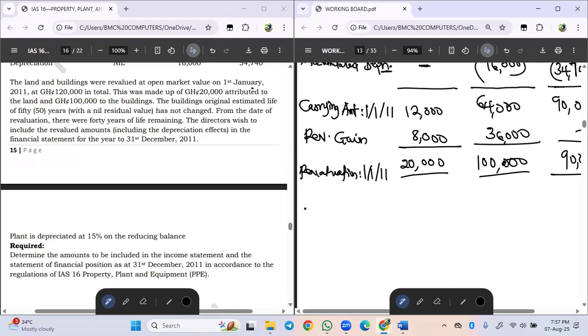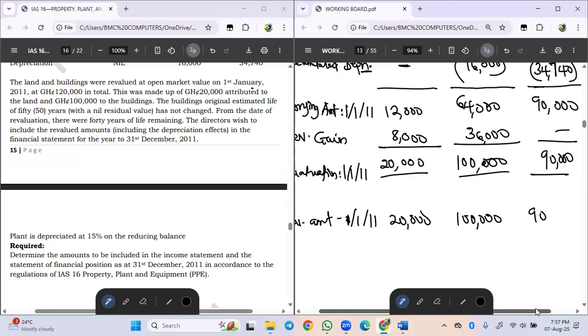So that one will be the carrying amount or the revalued amount. As at 1st January 2011, this will be 20,000. You use the revalued amounts 100 and also 90.